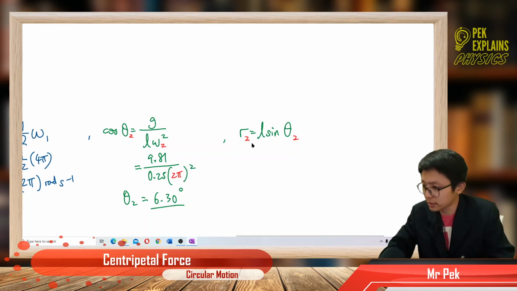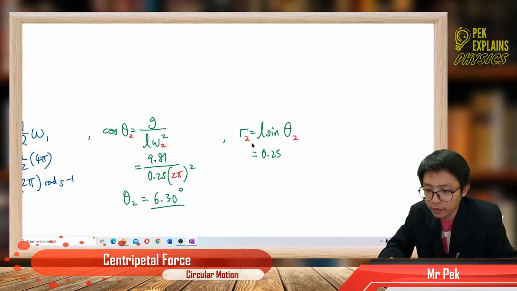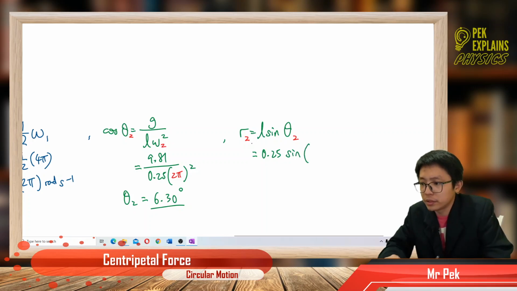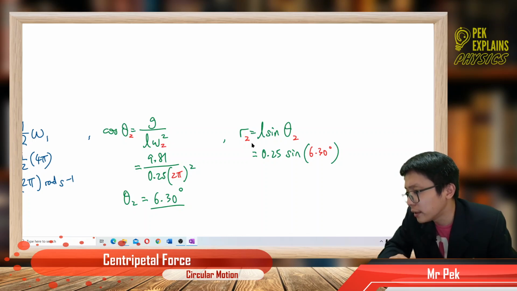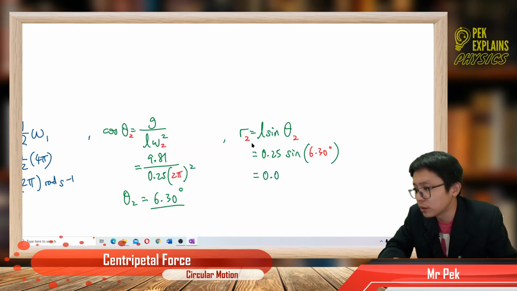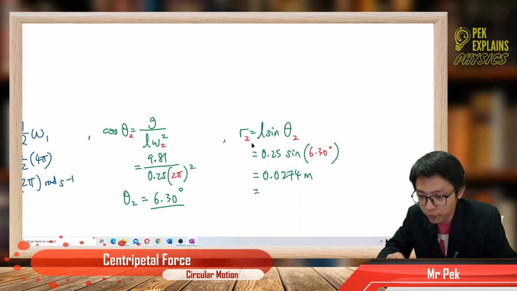So let's calculate. Our L is always 0.25 meter, 0.25 sine the new angle, which is 6.3 degree. Then we got the radius 2 is 0.0274 meter, times 100, we get 2.74 centimeter.